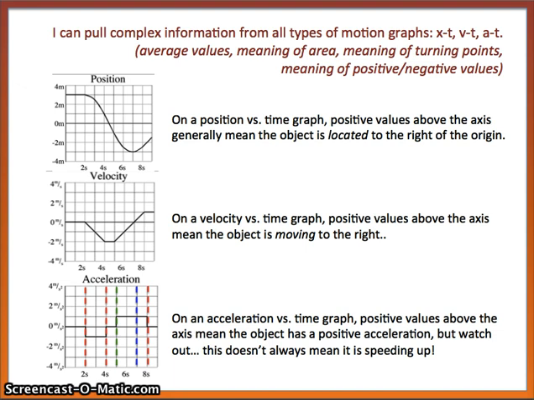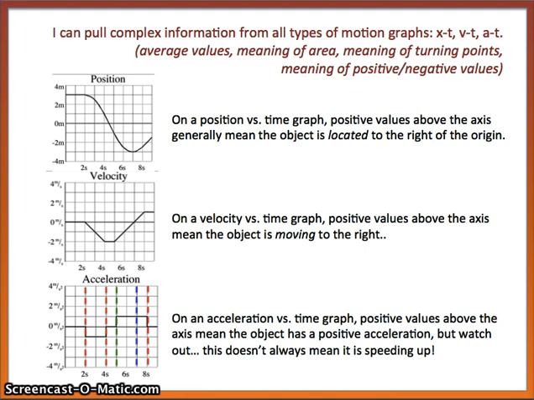Then from the acceleration graph, we can see that the acceleration is positive during the next few seconds. But the object is moving to the left, and the acceleration points to the right. So that causes it to slow down.